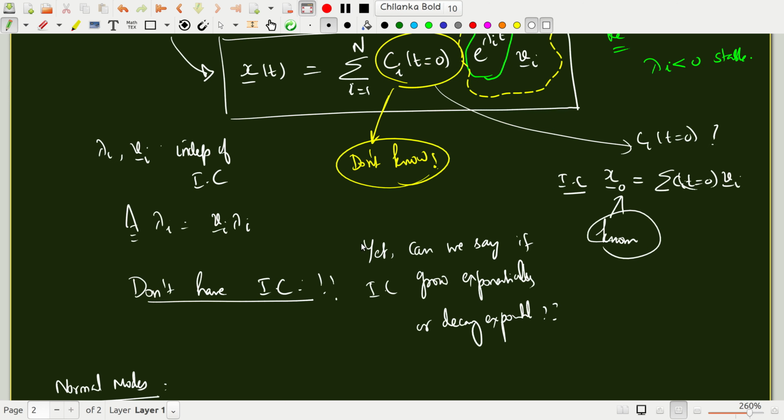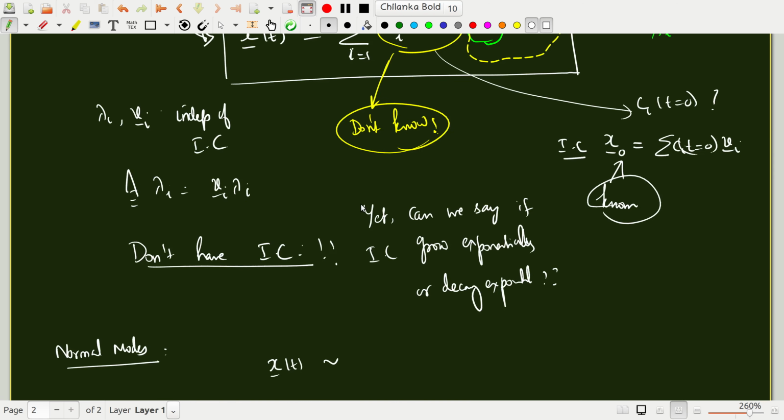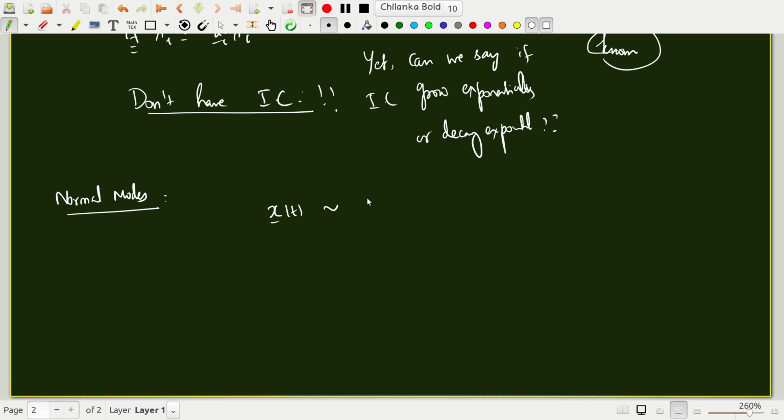What we do is we'll say that the solution x of t goes as some e to the lambda i t vi, and you substitute this back in the problem that we are interested in solving.